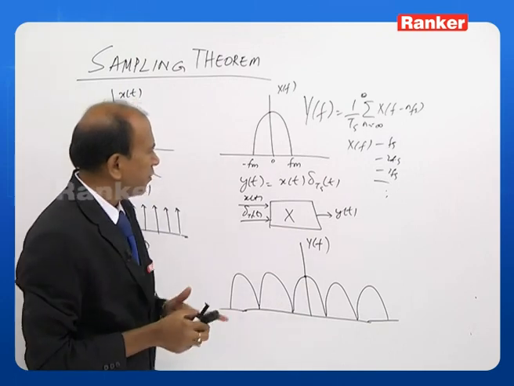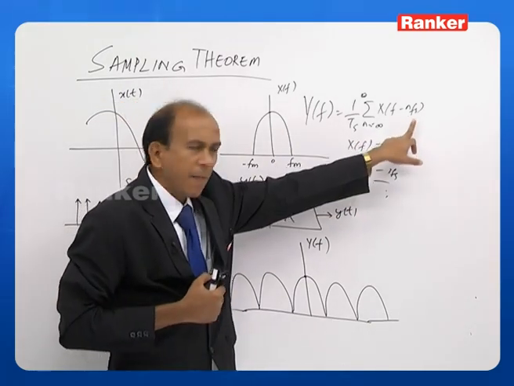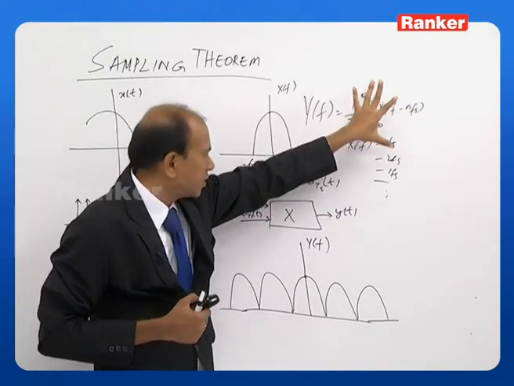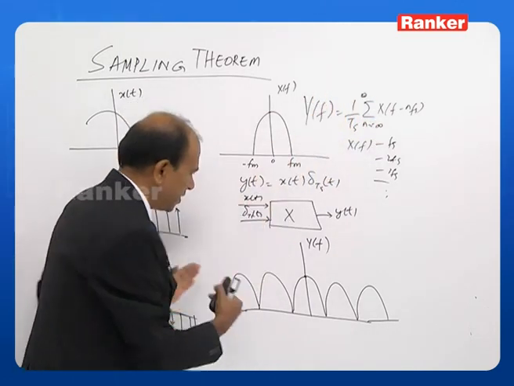So, x of f will be at 0, then fs, next 2fs, 3fs, like that. So, this is a repetition. So, y of f is nothing but x of f which is repeating.